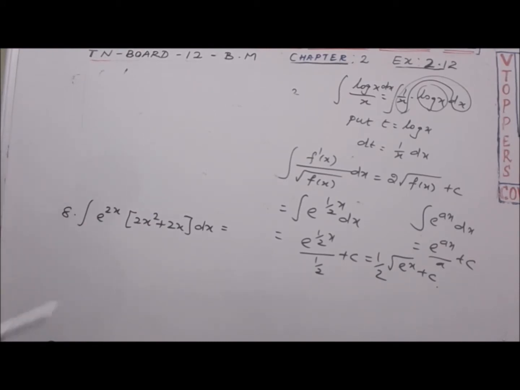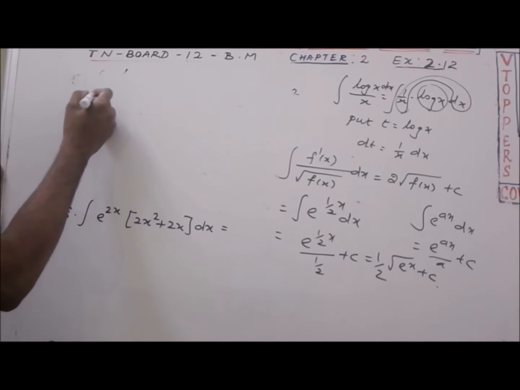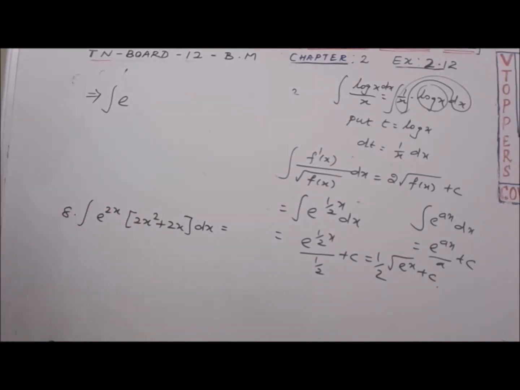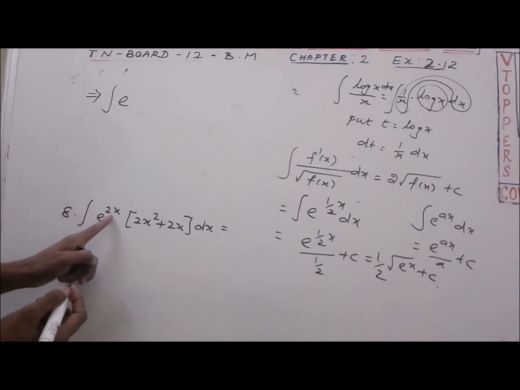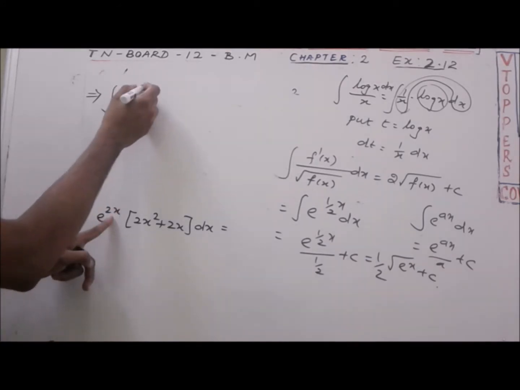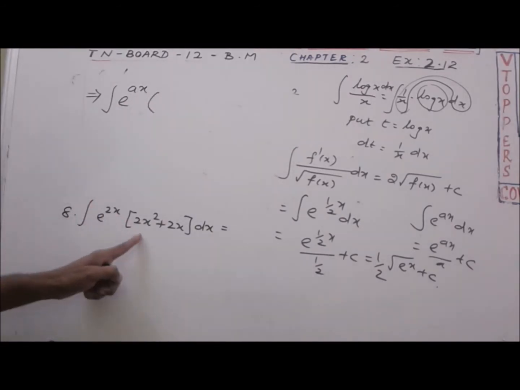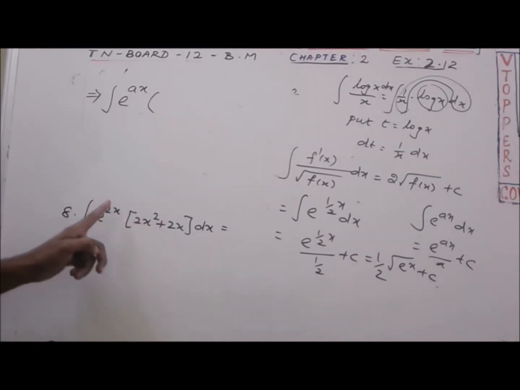The integral of e power 2x into (2x square plus 2x) is given, which is in the form of integral e power ax, where a is a constant. So by the constant appearing, we can take it as ax into 2x square plus 2x.